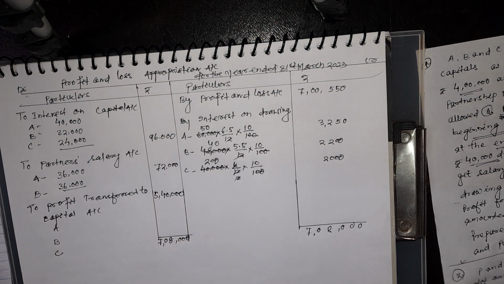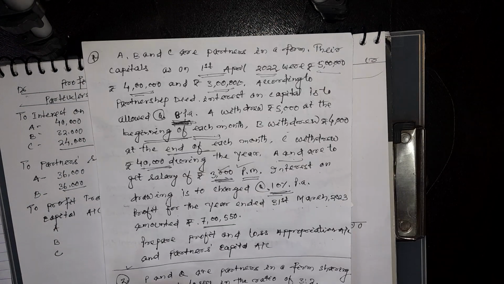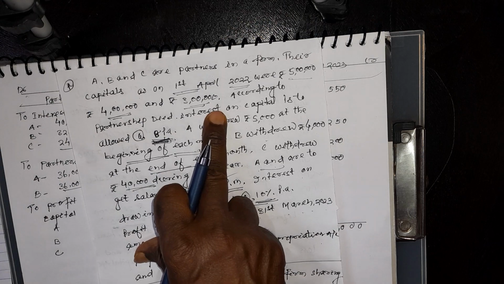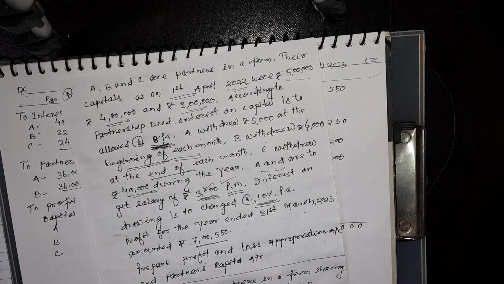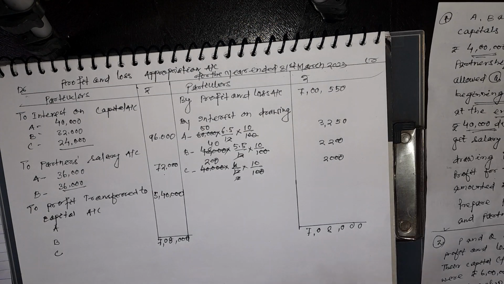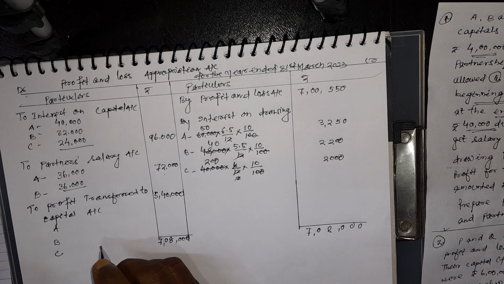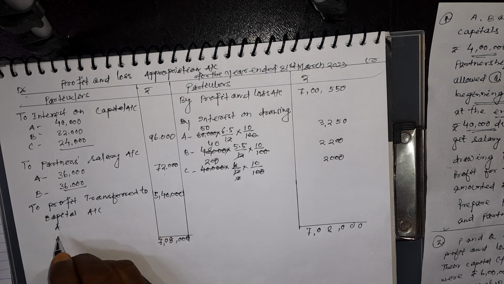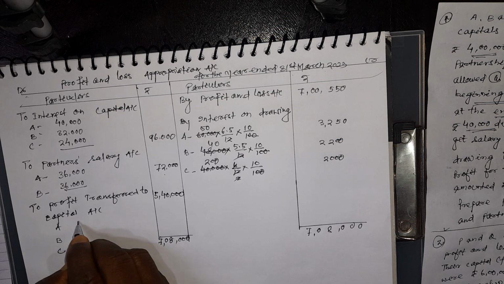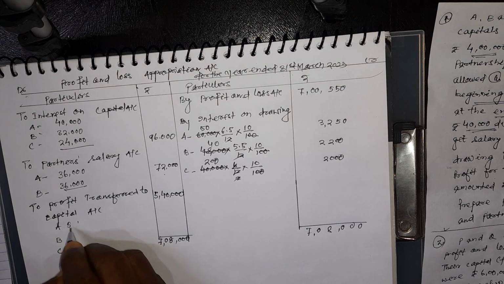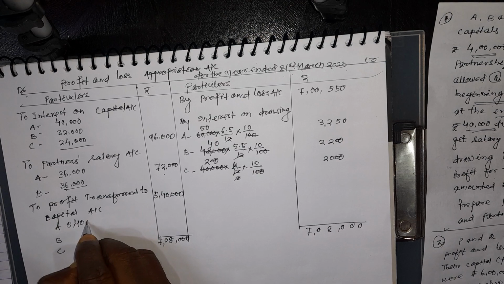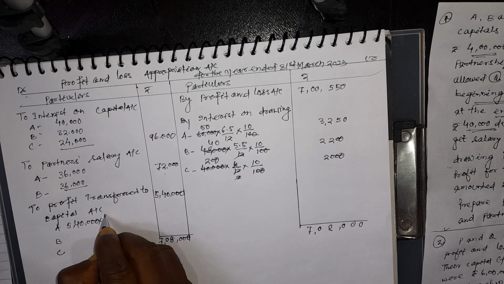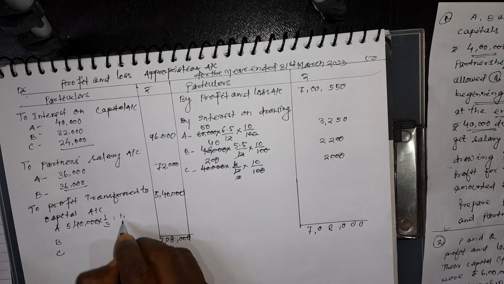But in this question, the profit sharing ratio is not mentioned. Clear? Remember one thing: when the profit sharing ratio is not mentioned in the question, profit will be shared equally among the partners. This is the provision of the Partnership Act. So 5,40,000 will be divided among three partners equally. A will get 5,40,000 into 1 by 3, that is 1,80,000.